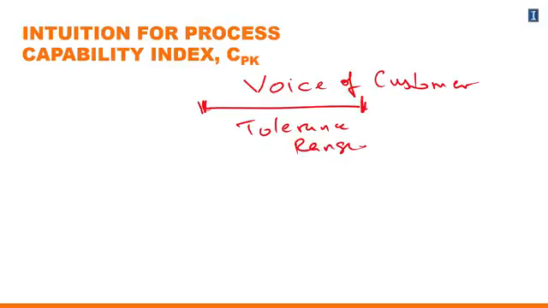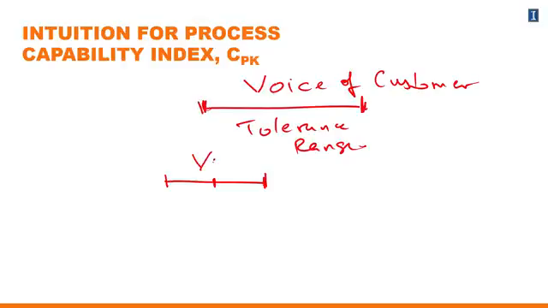Because we're not just comparing this range with the process range. We're comparing this with where that process is located. Earlier, I just looked at whether the range of the voice of the customer was greater than the range of the voice of the process. But here, I'm not only looking at whether it's greater, but where it is situated in relation to each other.